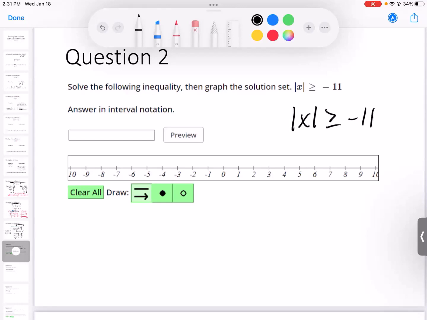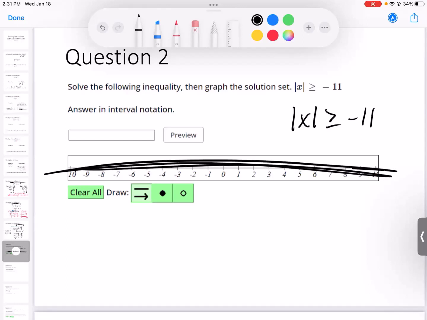This is an interesting one because literally you could plug in anything. The absolute value of any number, no matter how big or small, is always going to be greater than negative 11 because the absolute value always makes something positive, and a positive number will always be greater than it. So in this case, your solution set would be the entire number line.